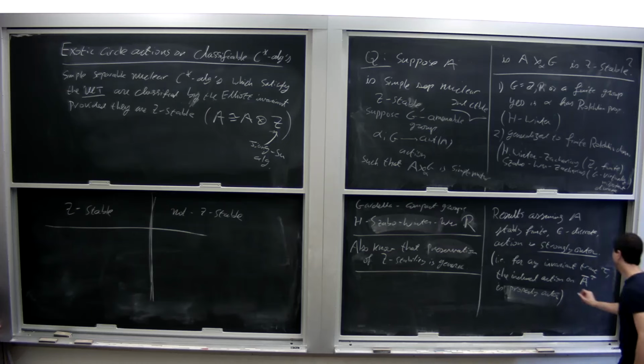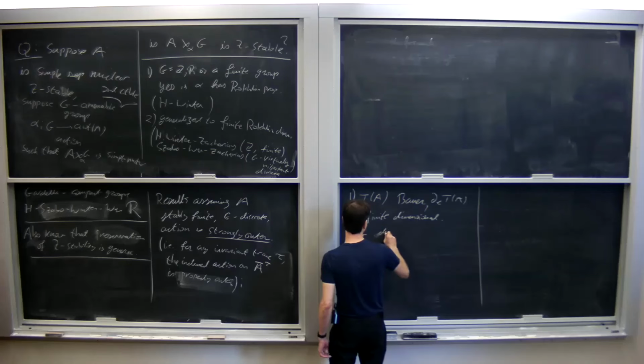So here, let's list them. If A, assuming this trace space is Bauer and the extreme boundary is finite dimensional, Bauer means that this is a simplex and the boundary is compact, then we know that we have the result assuming that G is arbitrary discrete amenable.